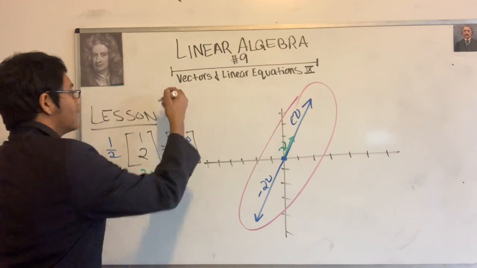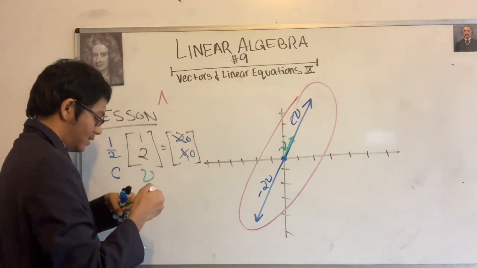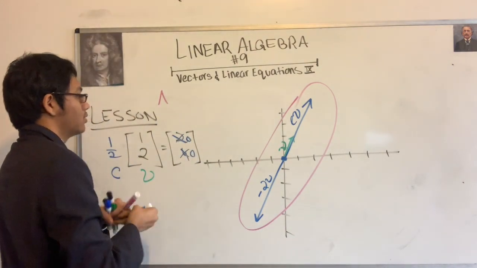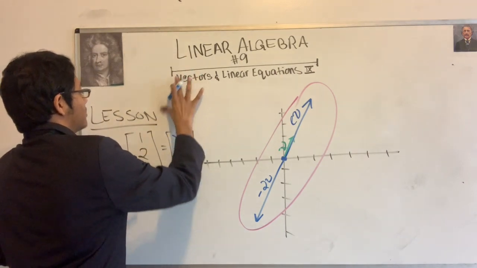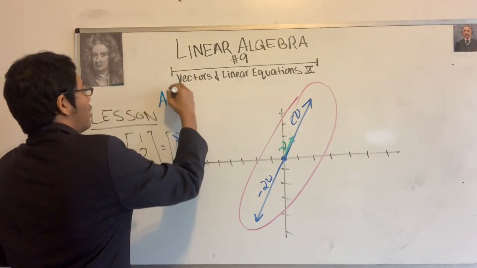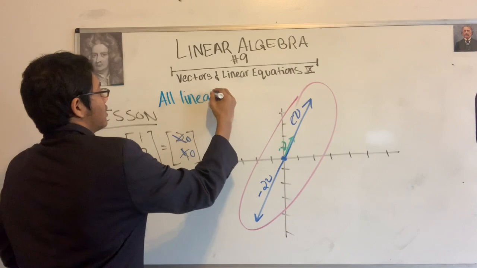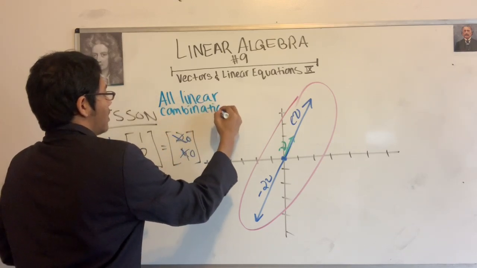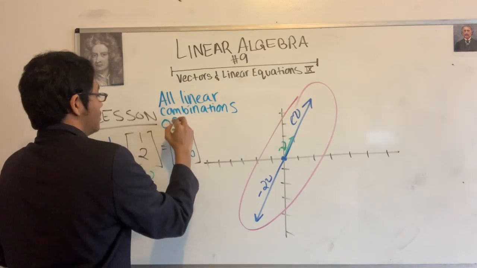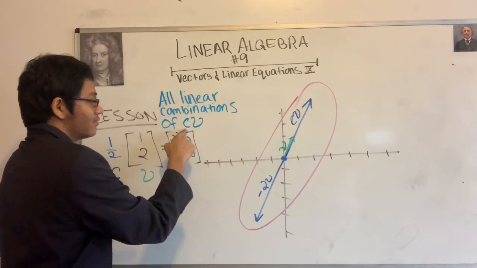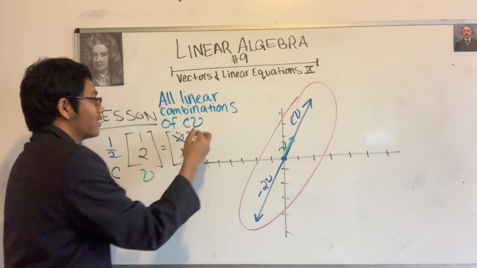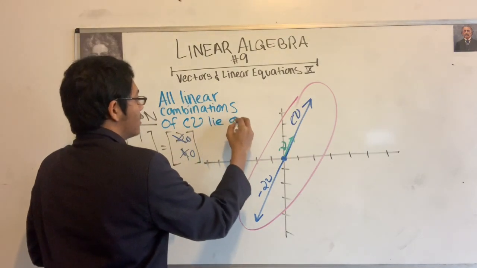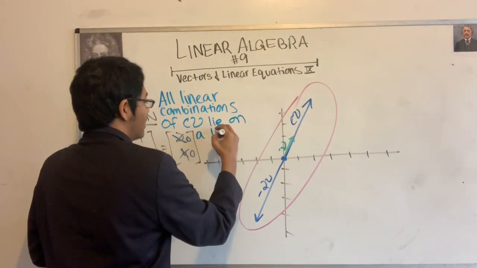Well, we can say, let's write it in blue. I will say all linear combinations of my vector v, or cv, because I'm multiplying it by a scalar, lie on a line.